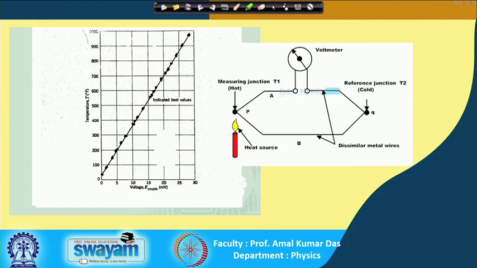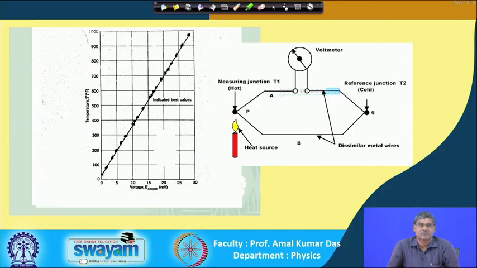What is a thermocouple? If you take two dissimilar metals and make a junction. This is wire A and this is wire B. Wire A is made of some metal, maybe copper, and wire B is made of some other material.